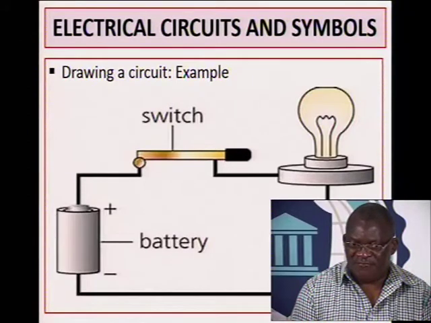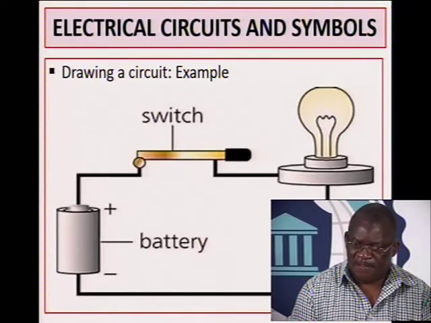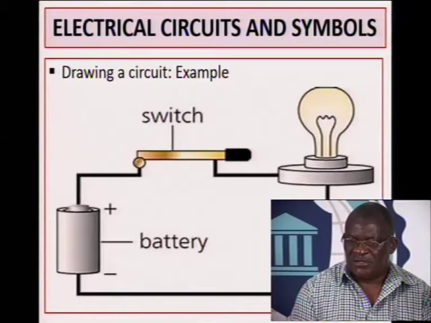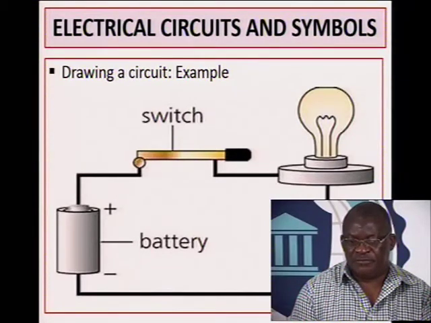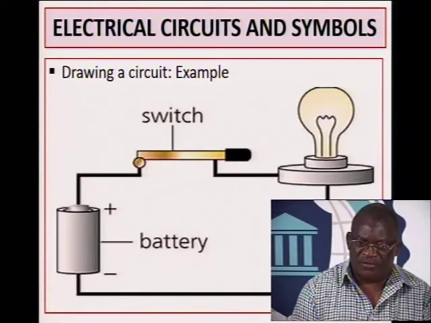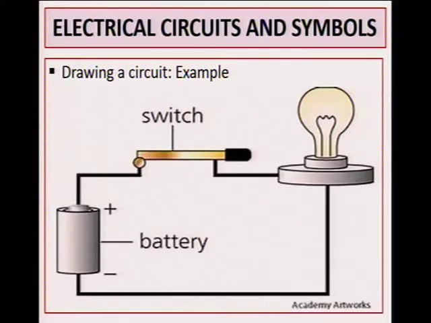The main components, we have a dry cell, we have a switch, and we have a bulb. You should be able to know the positive of your dry cell, the negative, and how these are going to be connected to the globe. And you should be able to describe a closed circuit and an open circuit.